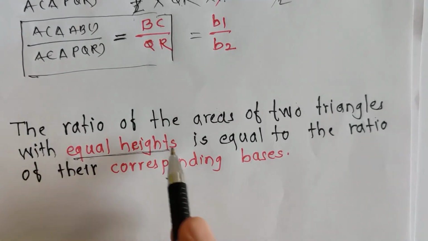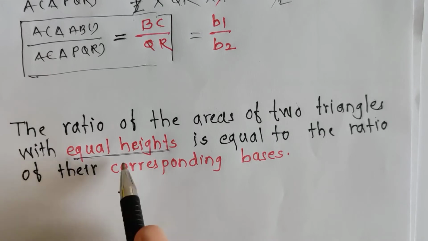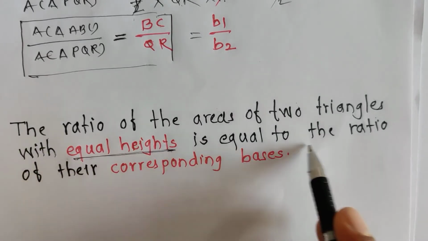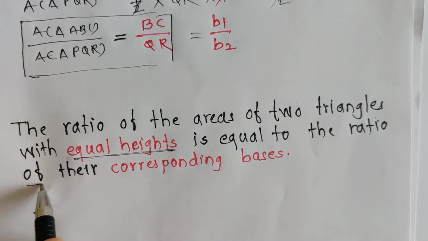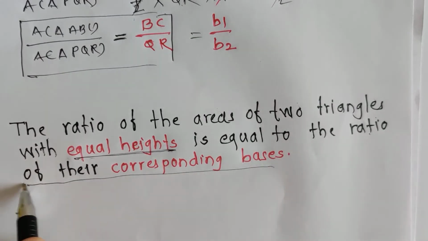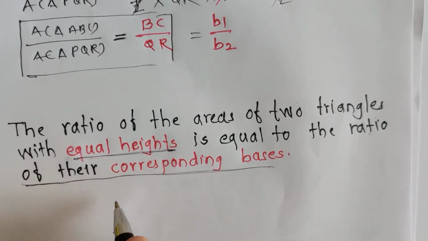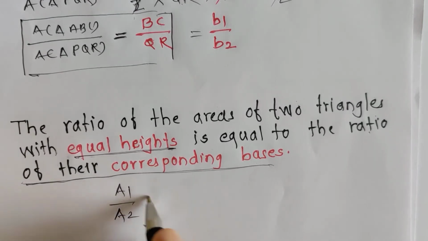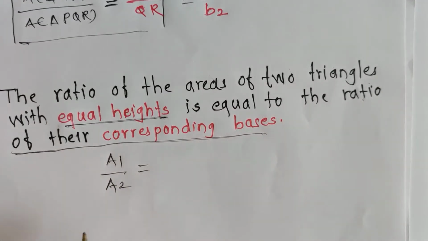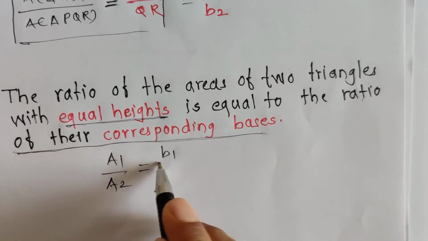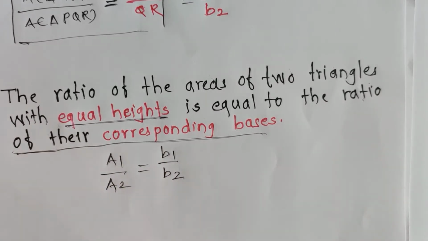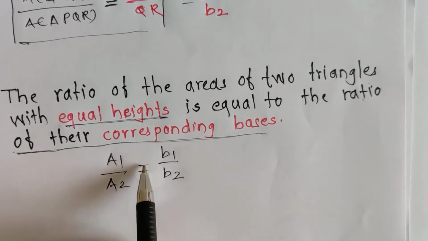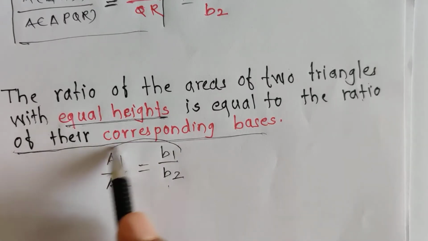The ratio of areas of two triangles with equal heights is equal to the ratio of their corresponding bases, that means A1 upon A2, area of triangle A1 and area of triangle A2, is equal to B1 upon B2. Means ratio of area is equal to ratio of their corresponding bases.